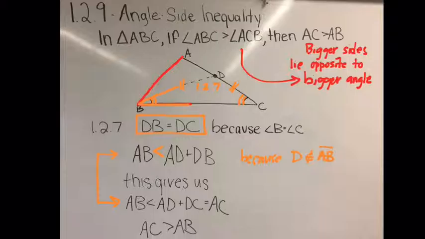But then we're secretly using the triangle inequality again in a different sense on this line here at the bottom, because when we add up AD and DC to get AC, that happens because D, in fact, does lie along the line from A to C.